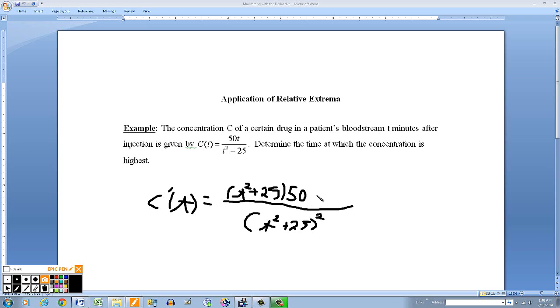And then the quotient rule gives you a minus, and then whatever I have in the numerator, which is 50t, times the derivative of what's in the denominator. The derivative of t squared is 2t, the derivative of 25 is a constant, so that would be 0, so this will be times 2t.